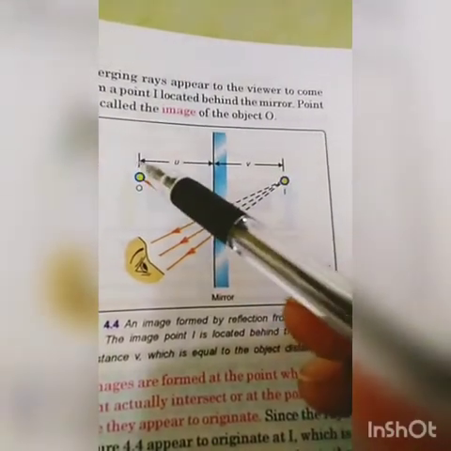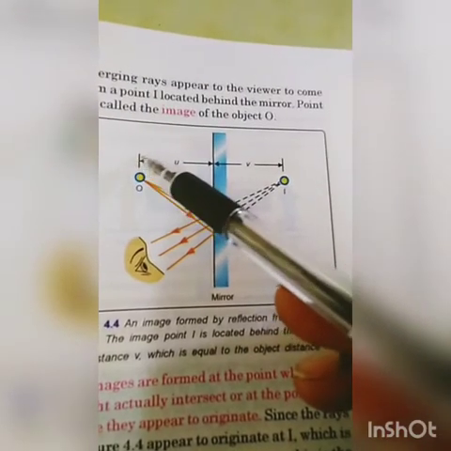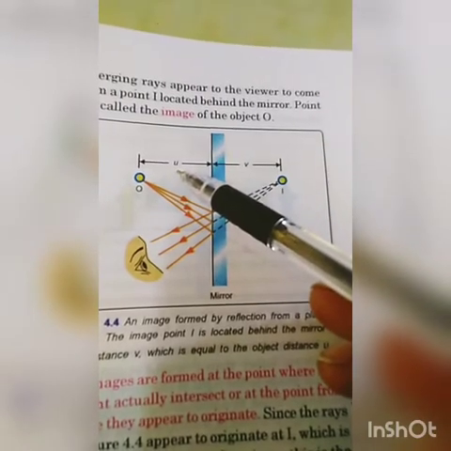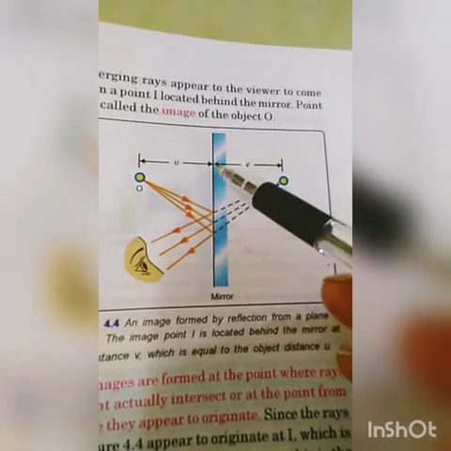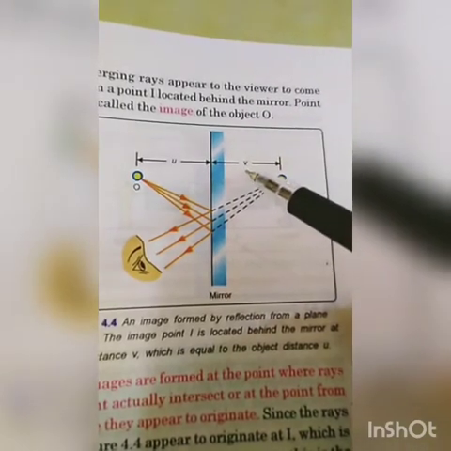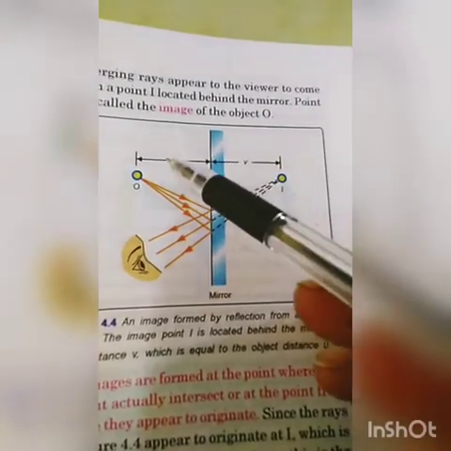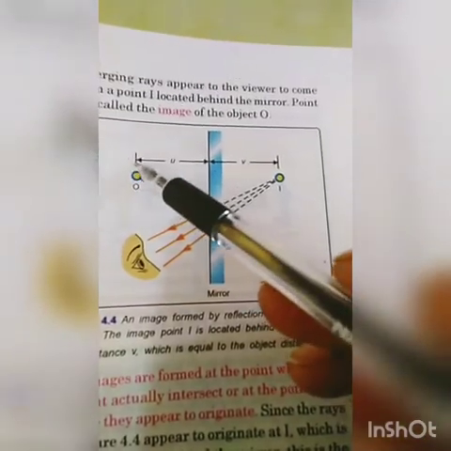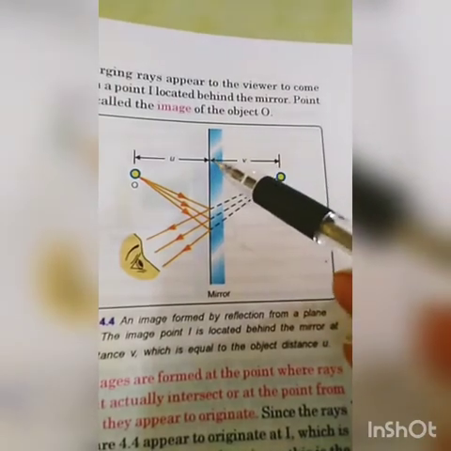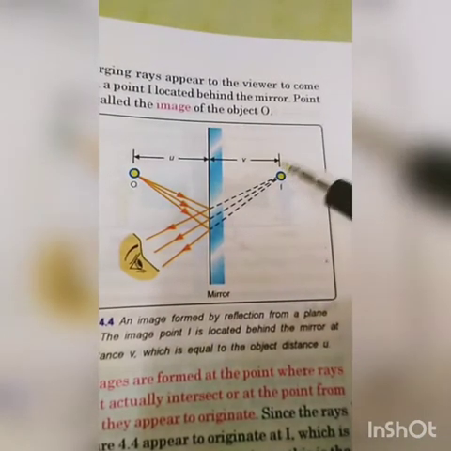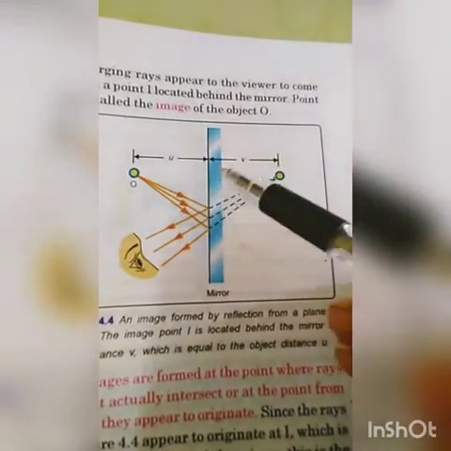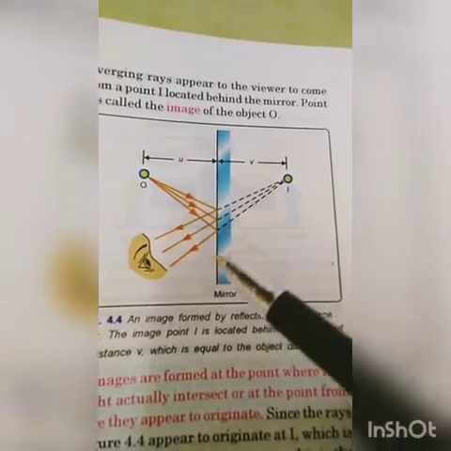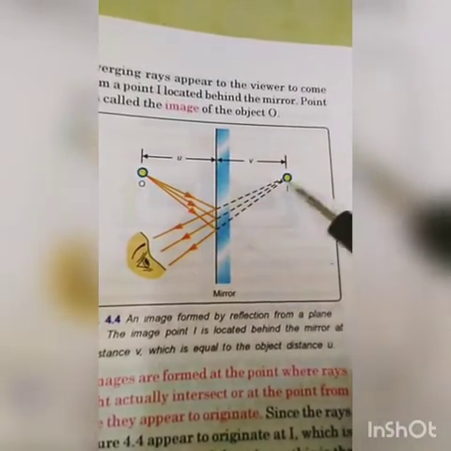Now this distance from the object to the mirror we always take as u, remember that, and from the mirror to the image we take it as v, and they are equal for a plane mirror. The distance from object to mirror and from mirror to image is always equal for a plane mirror. So this is how the image is formed in a plane mirror.